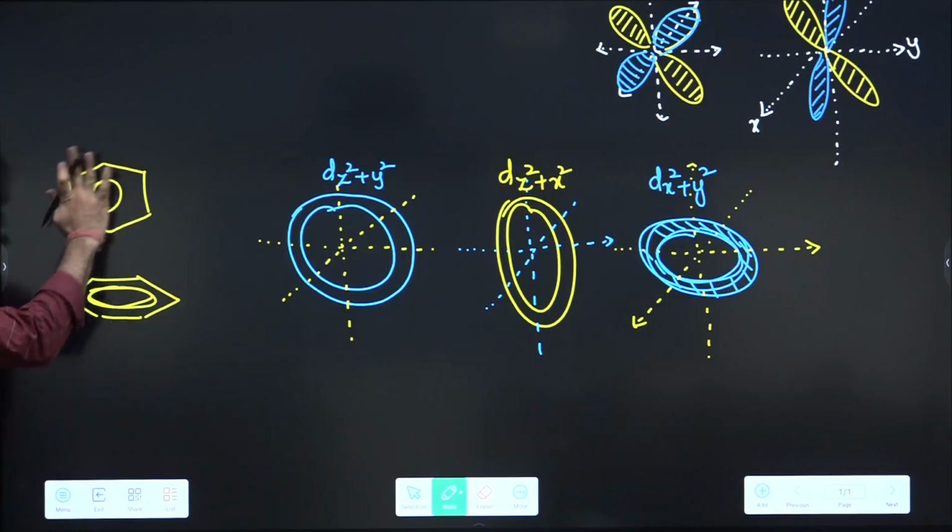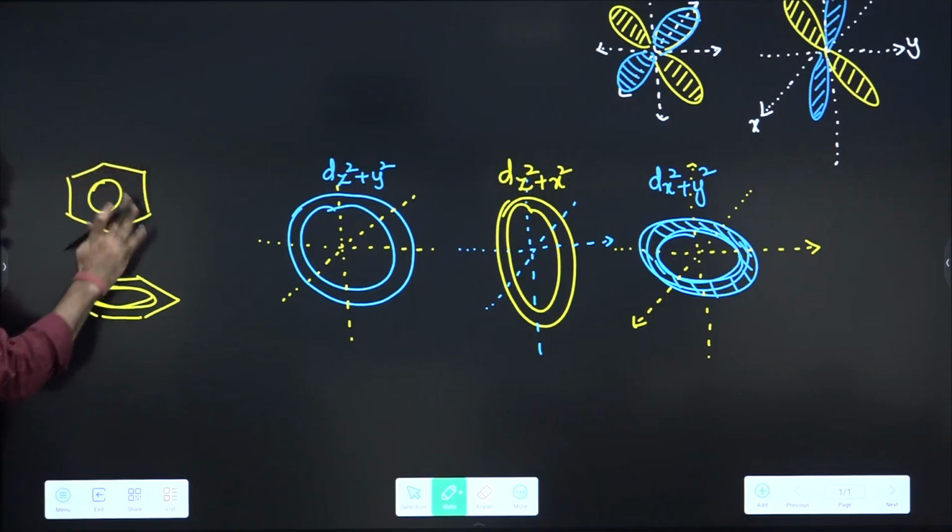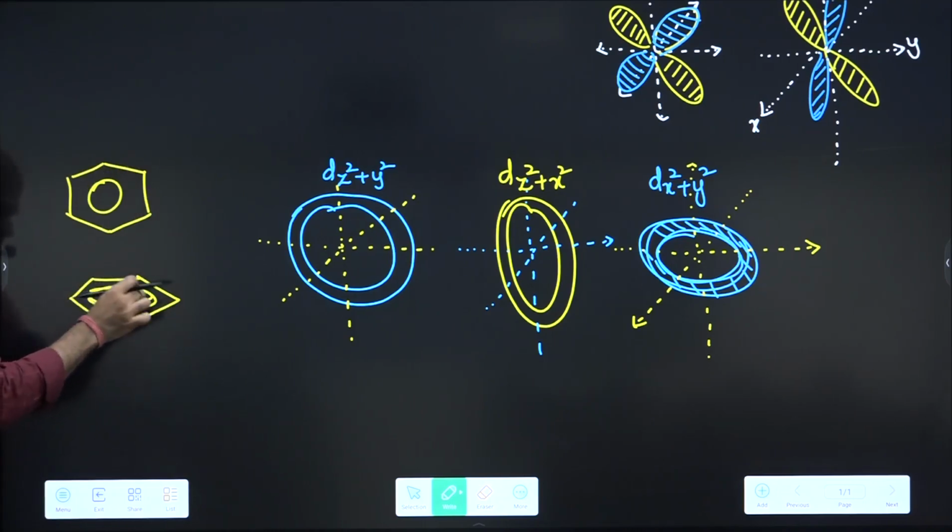This benzene is in the YZ plane. The same benzene, if I draw it like this, is in the XY plane. So whenever I draw it in the XY plane, this electron density, we don't put it like a circle. It will not be a perfect symmetry. It should be extended in this direction. Then I imagine, okay, this is along the XY plane. Okay, so that is the difference.